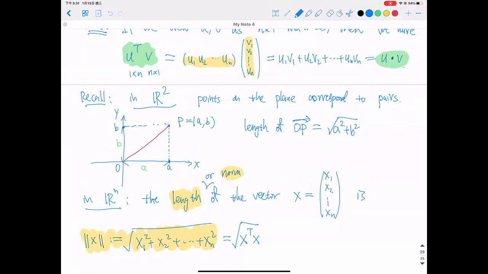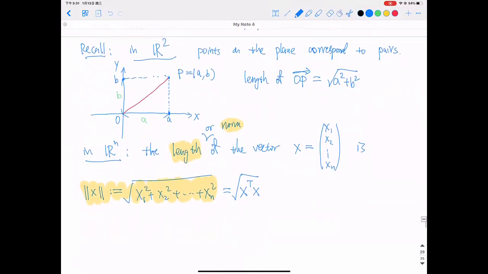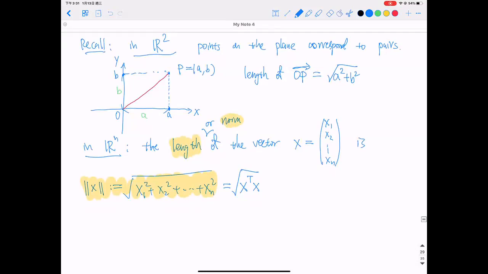Now, furthermore, if you have two vectors, x and y, in Rn, not R2, the distance between them is given by the norm of their difference.